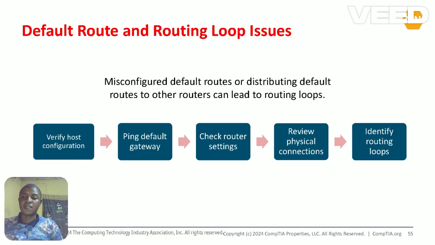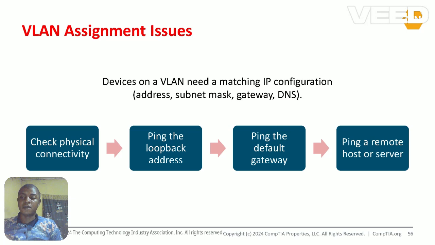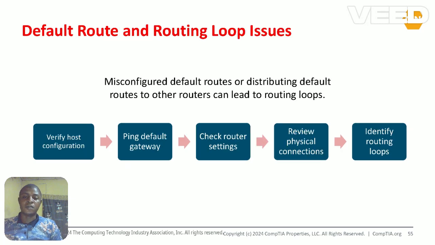Moving to the second slide, if your router has an issue, what to do? Default routing and routing looping issues. This is another problem. How do you fix it? Configure the default routing, because distributing default routing to other routers can lead to routing looping. So these are the causes.